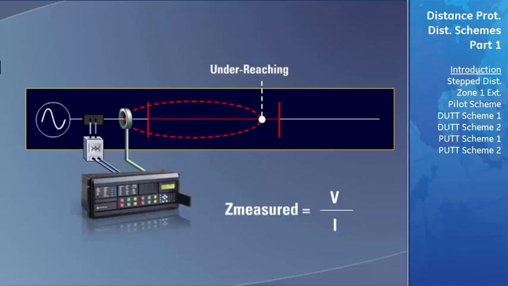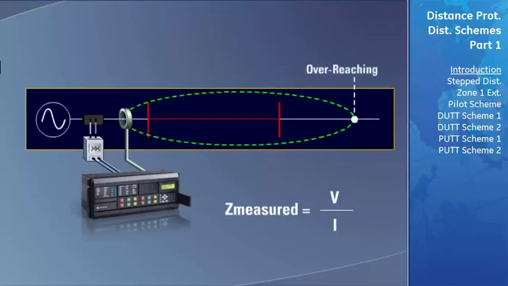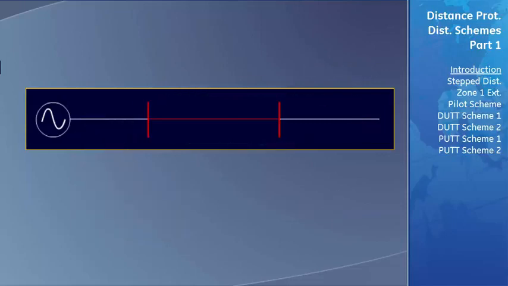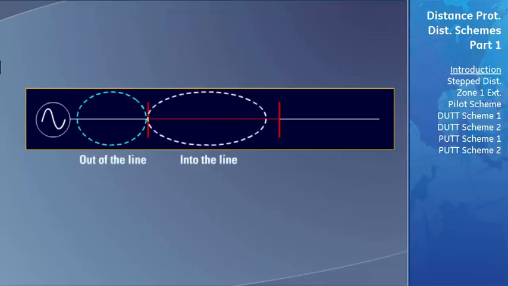The zones of protection that are set to cover more than just its own transmission line are said to be overreaching. Zones of protection can also be programmed to protect in the forward direction and the reverse direction. Zones that are set to protect in the forward direction are said to be looking into the line. Zones that are set to protect in the reverse direction are said to be looking out of the line.